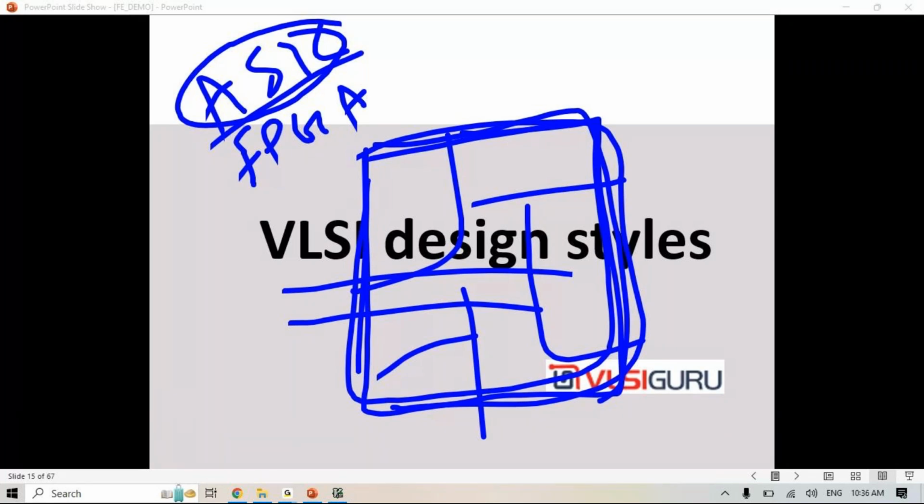So now let us understand what exactly is ASIC, what is FPGA. Why should you go for ASIC, why should you go for FPGA? I'm not telling don't take FPGA, you should seriously consider FPGA also, because there is very less competition in FPGA.